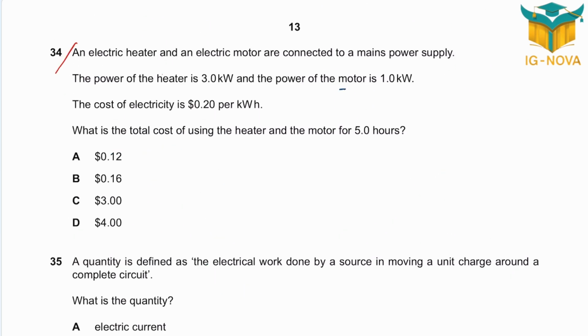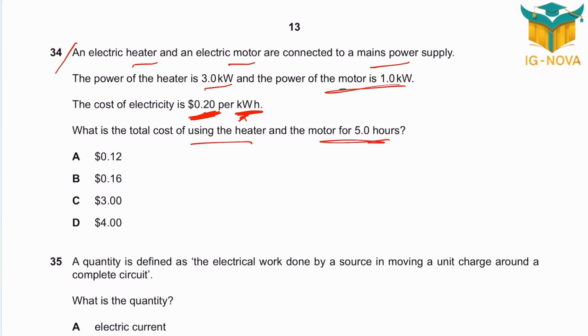Question 34. An electric heater and electric motor are connected to the mains power supply. The power of the heater is 3 kilowatt and the power of the motor is 1 kilowatt. The cost of electricity is 20 cents per kilowatt per hour. In each hour, each kilowatt costs 20 cents. What is the total cost for these two devices for 5 hours?